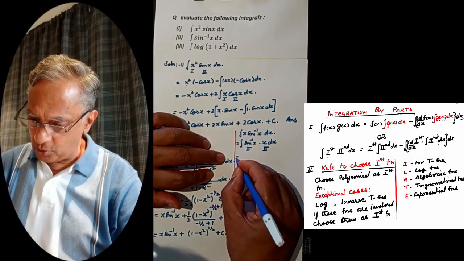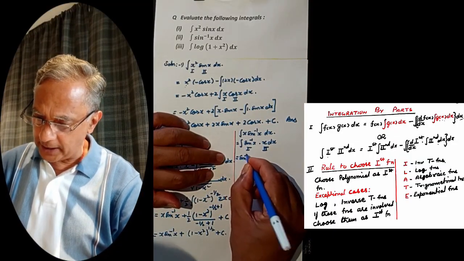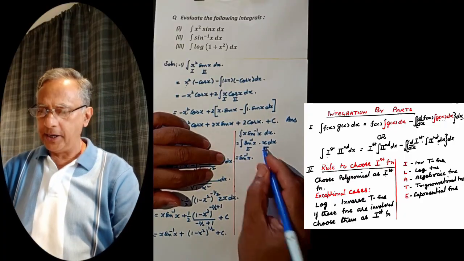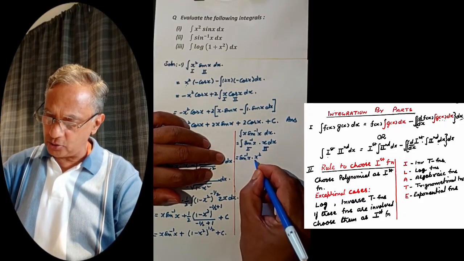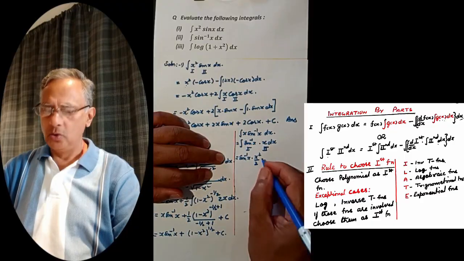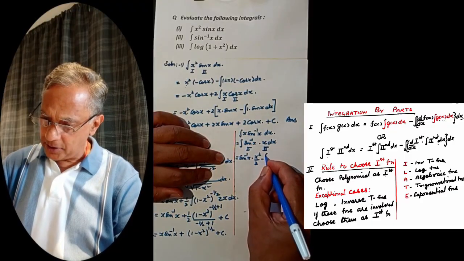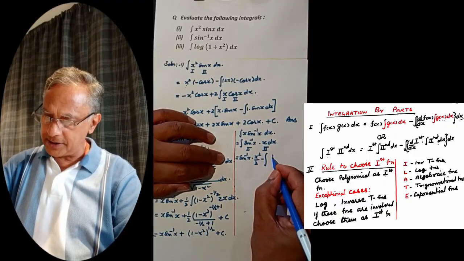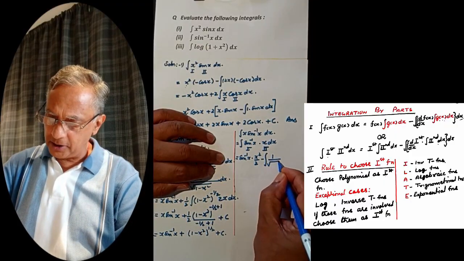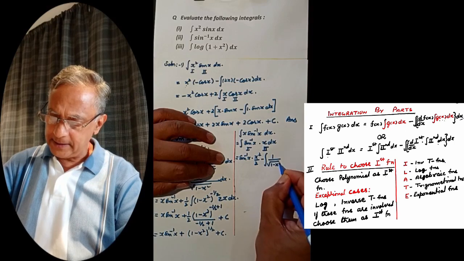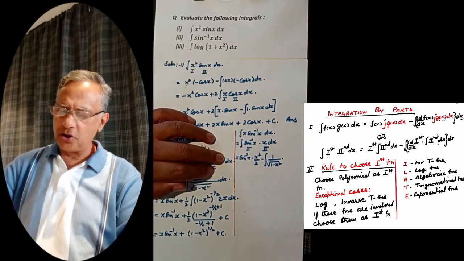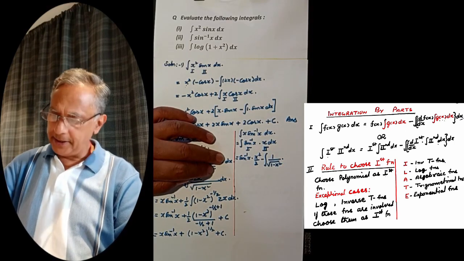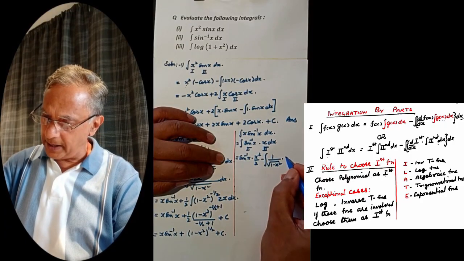So this is equal to first function sine inverse x into integral of second. Integral of second is x square by 2, minus integral of differentiation of first. Differentiation of sine inverse x is 1 over under the root 1 minus x square into integration of second. Integration of second function is x square by 2.